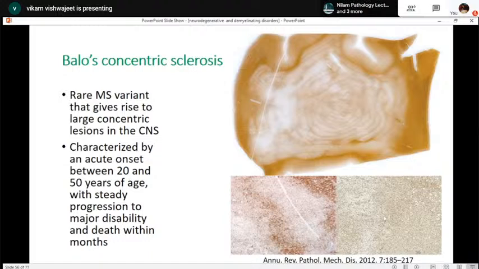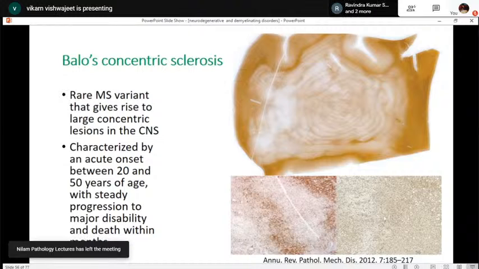So there are certain myelin proteins which are lost early in demyelination, and some are lost late in demyelination. The early myelin proteins which are lost are MAG proteins, while PLP, proteolipid protein, is usually lost in late stages of demyelination.